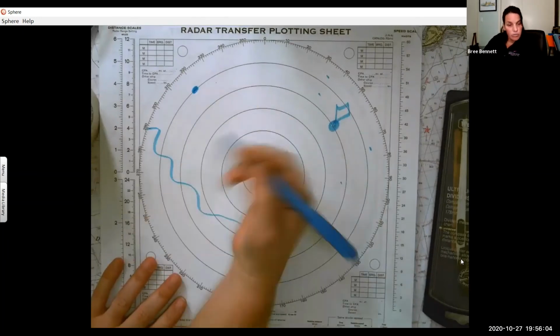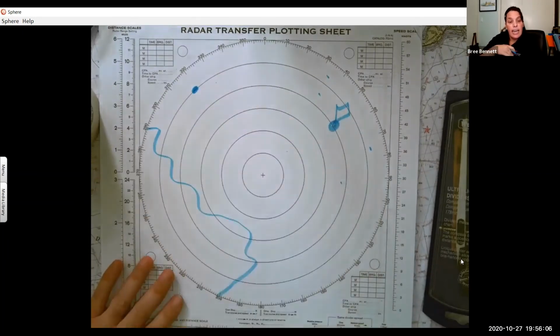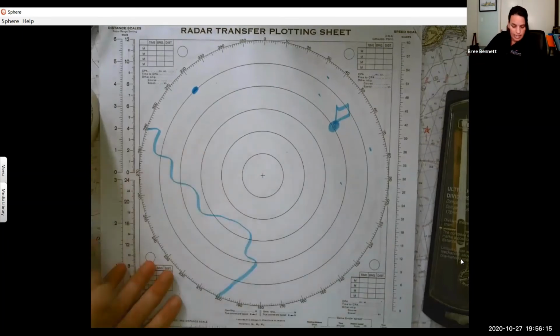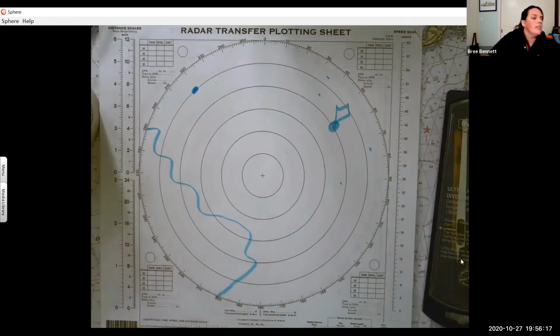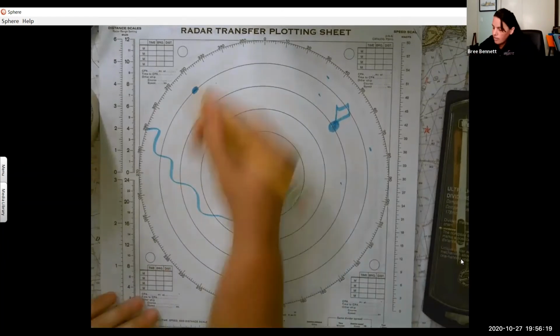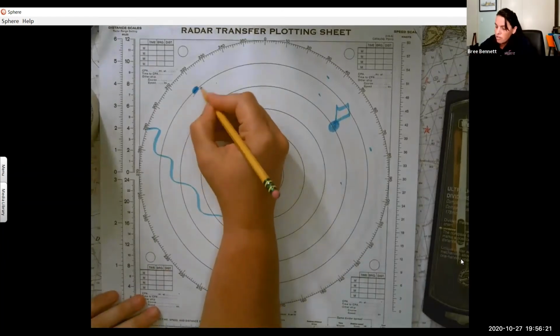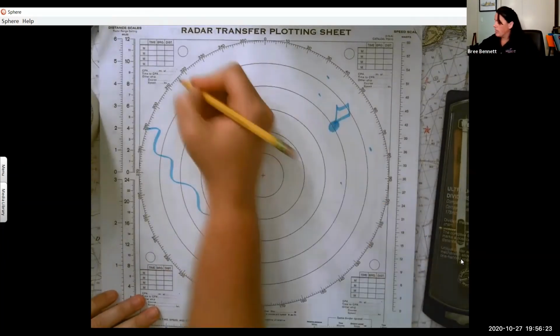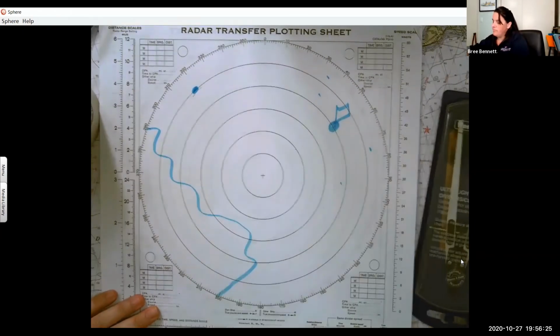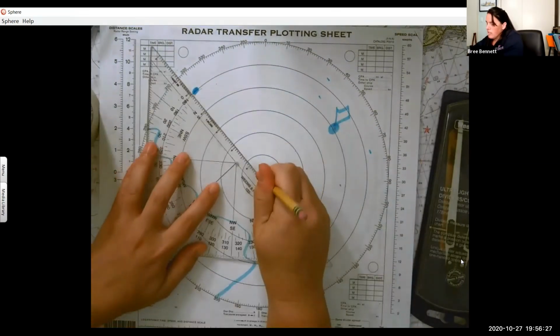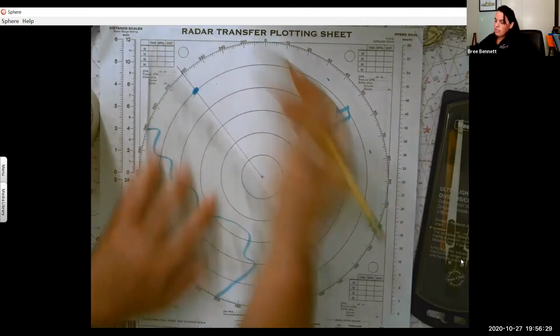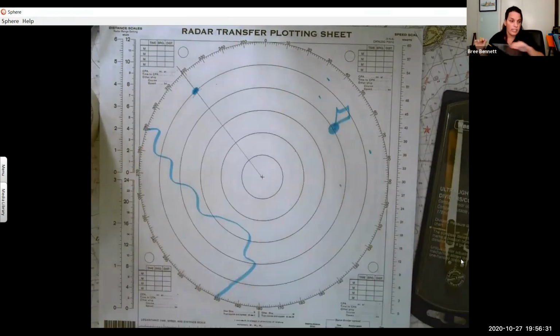So I go to the radar screen and I get that range and bearing using the EBL and VRM, the variable range marker, and we put that right to the very blip right there. And then we get the EBL that goes directly through it.